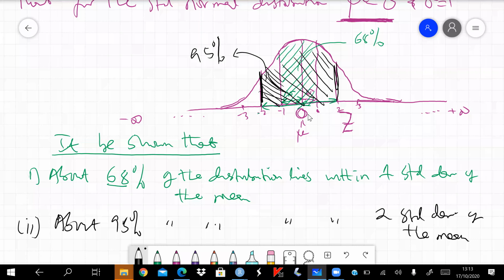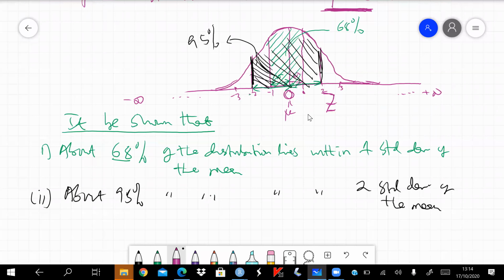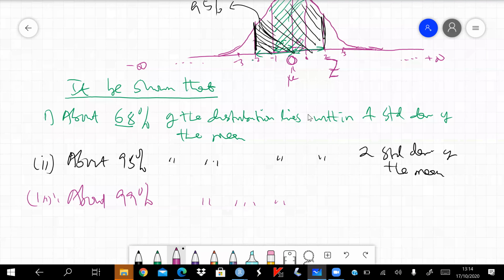Okay. Then Roman 3, it can be shown that about 99% of the distribution lies within about 2.5 standard deviations of the mean. About 99%, very close to 100% of the distribution lies within 2.5 standard deviations above and below the mean. So we're talking about this point here.